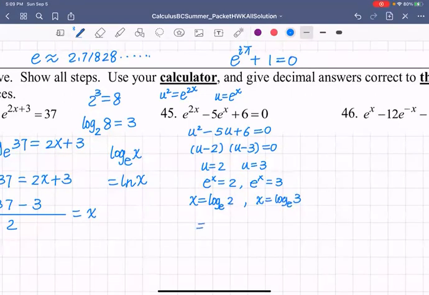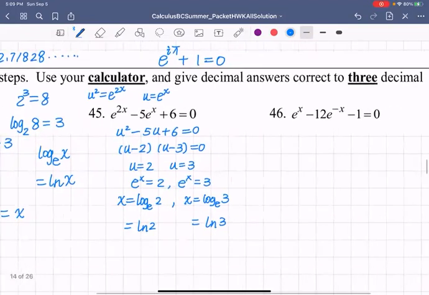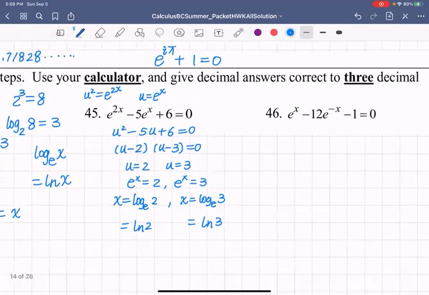Okay. Does this make sense to you? It's okay. If this is the first time you see this, it takes time to digest, okay?